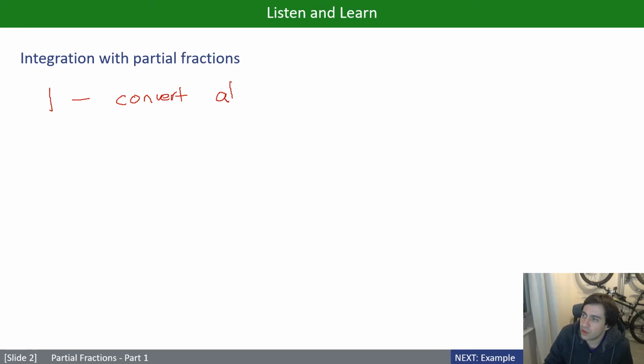This method of integration by partial fractions, you're going to be using it whenever you've got an algebraic fraction. I shouldn't say whenever, in some cases when you've got an algebraic fraction. So your first step is going to be to just convert it into partial fractions, before you even do any integration.